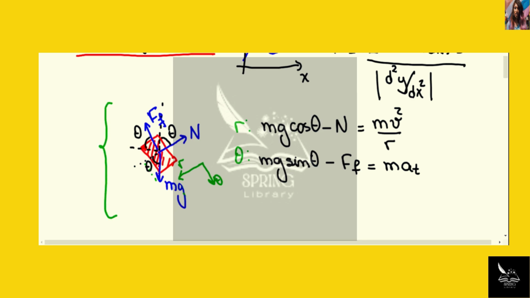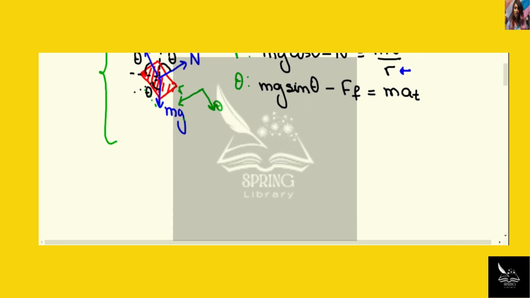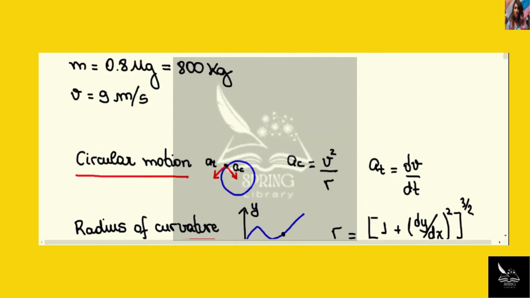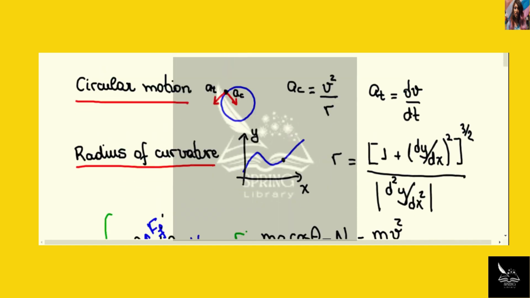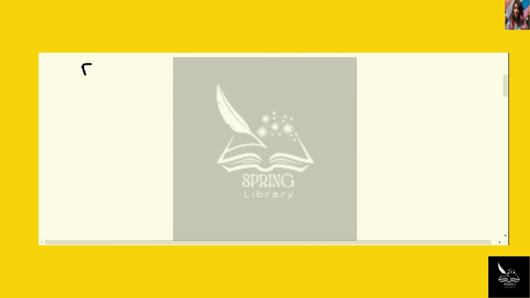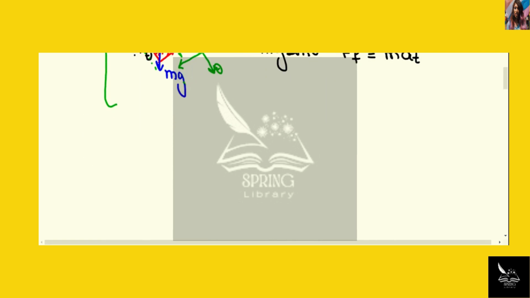But now let's talk about both the radius of curvature, which we're going to use here, and also theta. So the radius of curvature, and we want to know the radius when x is equal to 80. So I'm going to use the formula that I wrote before in order to find the radius of curvature. Now, in order to find r, we also need to find dy dx and d2y dx2.